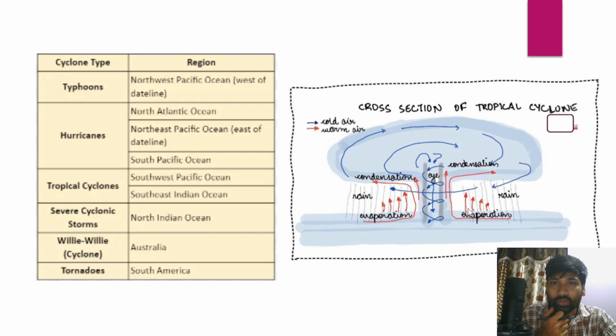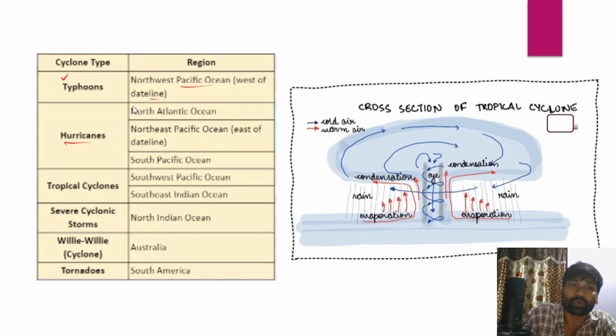However, cyclones are called by different names across different places. For example, if a cyclone originates in the northwest Pacific Ocean, west of the date line, those cyclones are called typhoons.